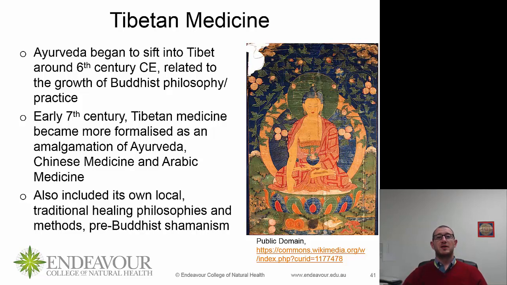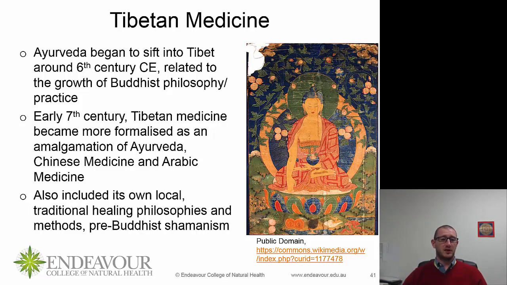Okay, moving on to Tibetan medicine. So Ayurveda began to sift into Tibet around the 6th century CE, and this was really related to the growth of Buddhist philosophy and practice, as well as the dissemination of Buddhist philosophy and practice. In the early 7th century, Tibetan medicine became more formularized as an amalgamation of Ayurveda, Chinese medicine and Arabic medicine.